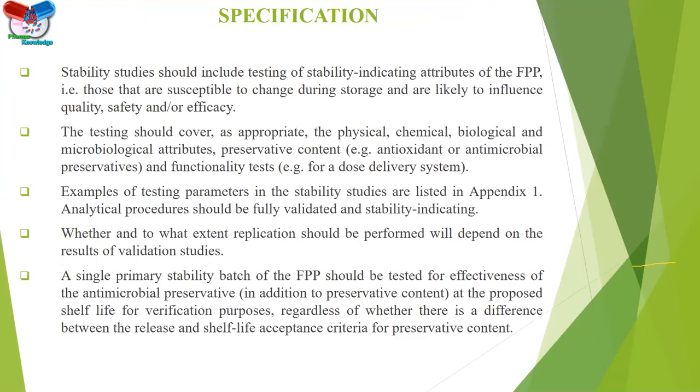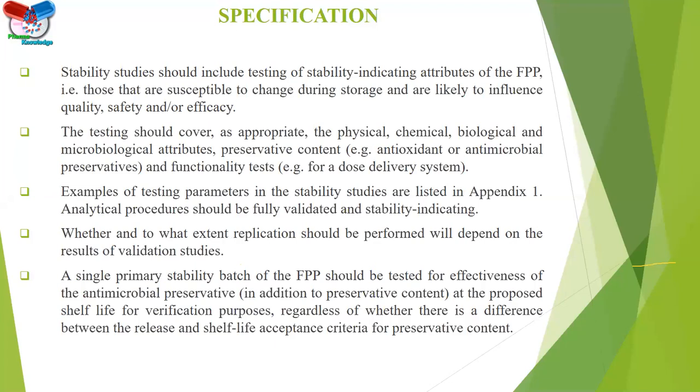What should be the specification now? Stability study should include testing of stability indicating attributes for finished product, means those that are susceptible to change during storage and likely to influence the quality, safety and efficacy of my product. The testing should cover, as appropriate, the physical, chemical, biological, microbiological, and preservative content as per product. Examples of testing parameters for the stability study are listed in the slides below. Analytical procedures should be validated and stability indicating.